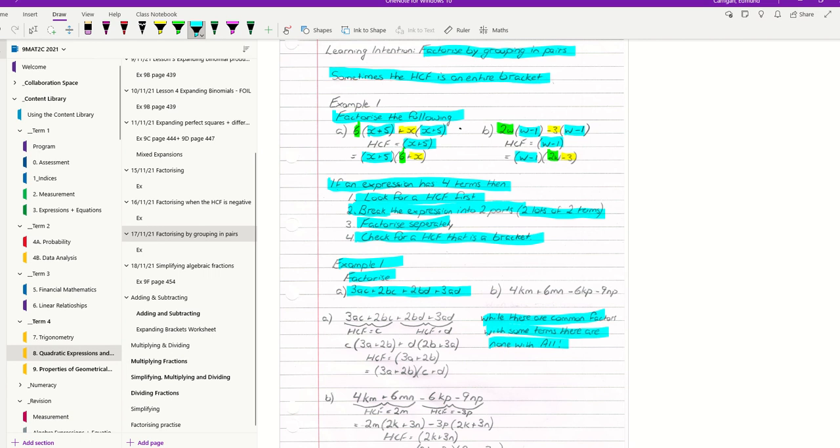So I'm going to break them into 2. The first half is going to be 3ac plus 2bc, and my second one is going to be 2bd plus 3ad.